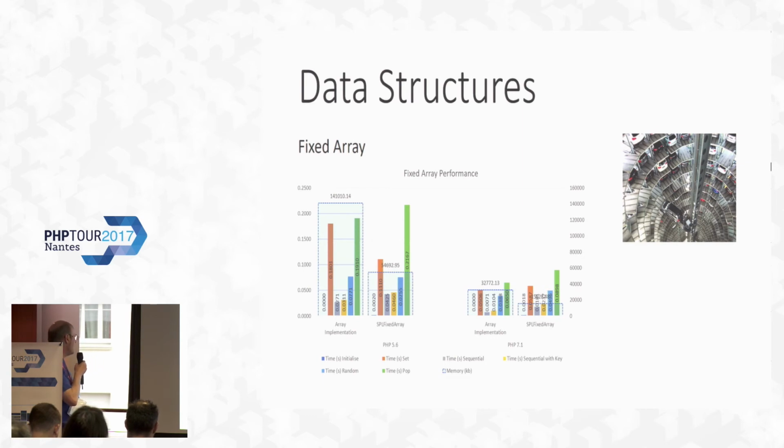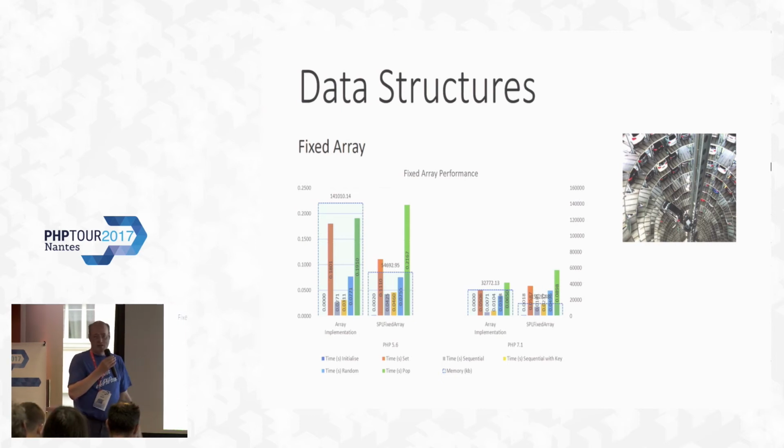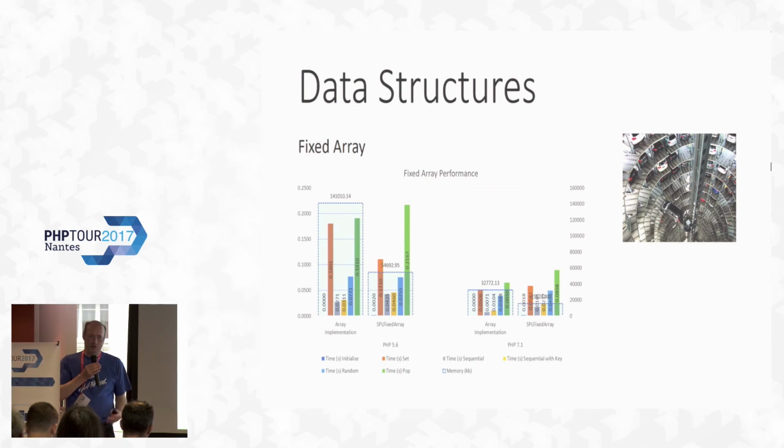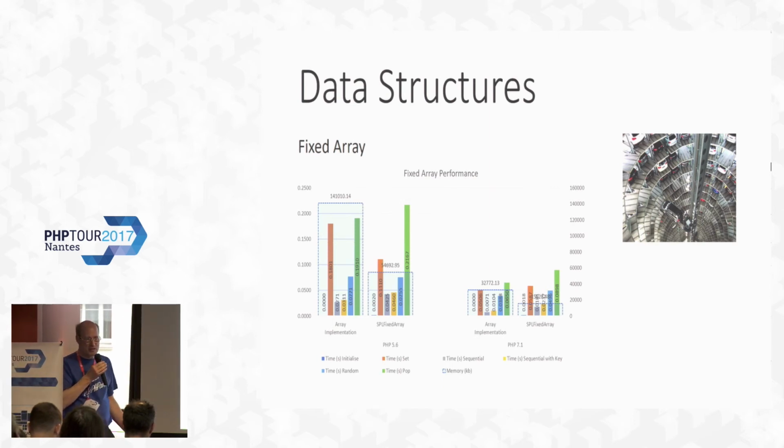And a few simple tests here using PHP5. The equivalent memory usage of a standard PHP array compared to a fixed array. If you can work with fixed sizes of data, if you know how many records you're going to be returning from a database that you want to put into an array, and a simple result count will tell you that.